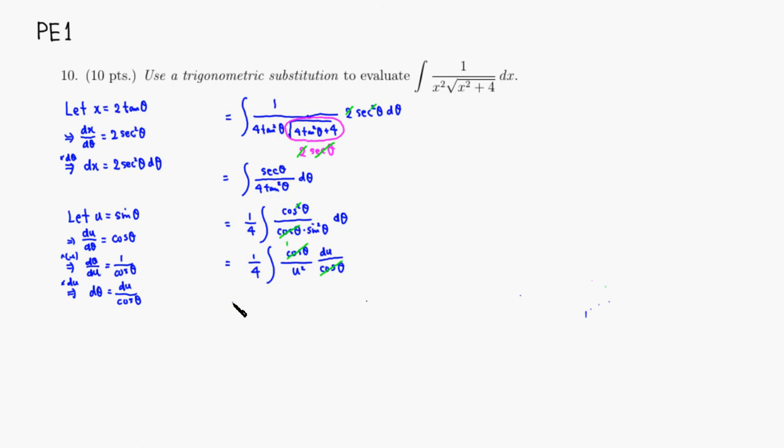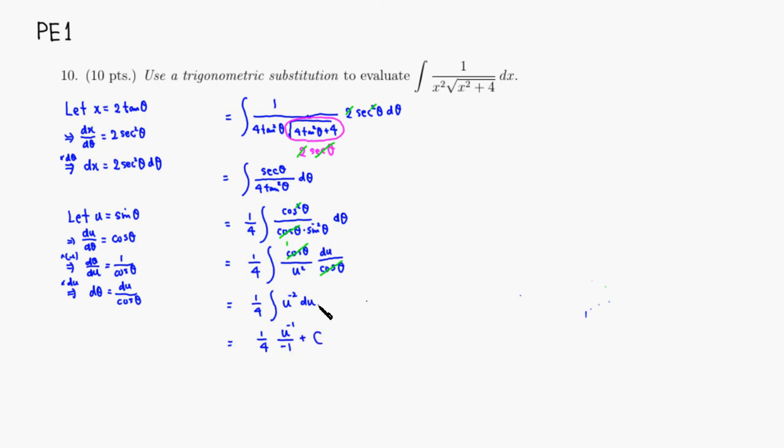If you clean it up, you get 1 over 4 integral of u to the negative 2 power du. Then we can find the antiderivative, since this is just a power rule. Add 1 to the power, so u to the negative 1 power over negative 1, plus some constant c.